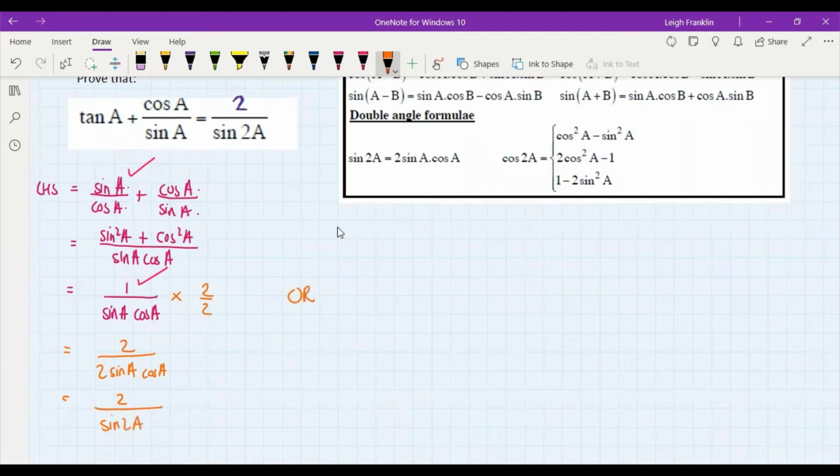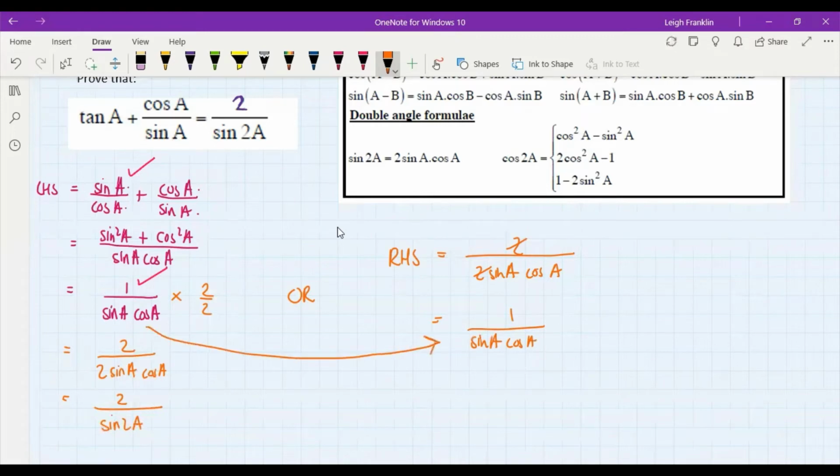Or your option is to work with the right-hand side. So if you had this as your other option, right-hand side equals 2 over 2 sine A cos A. 2 divided by 2 will leave you with 1 over sine A cos A. And then at this point, you could have established that left-hand side equaled right-hand side.